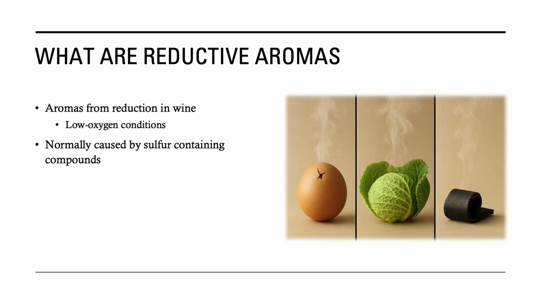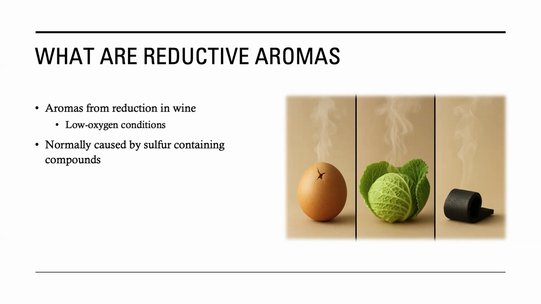Normally, a lot of these compounds are very smelly. Rotten egg is one of the ones that we think of mainly. If it progresses, it can lead to smelling like cabbage or rubber. Garlic and onion is when it gets that far, and we're really having some problems in our wine.